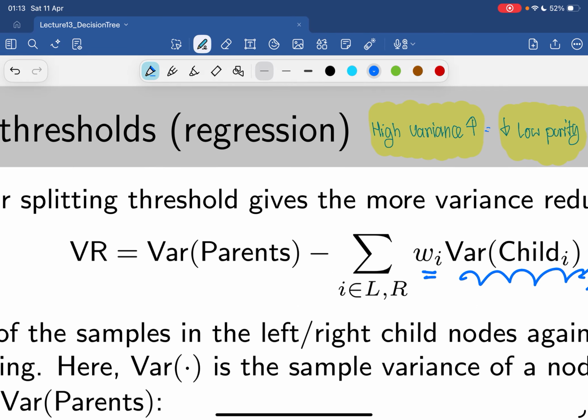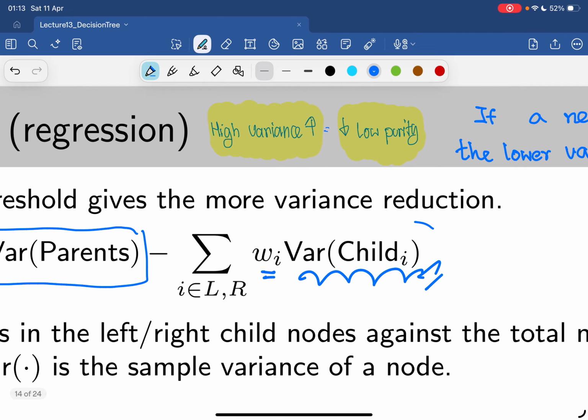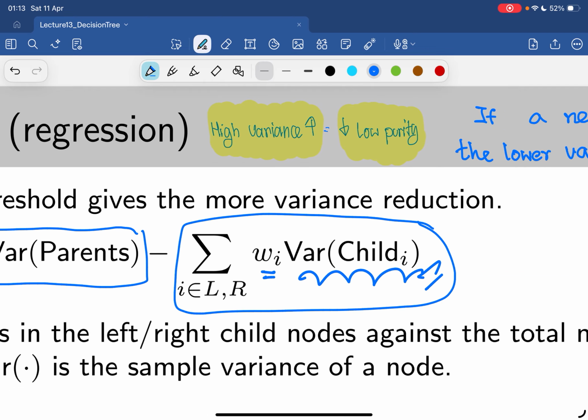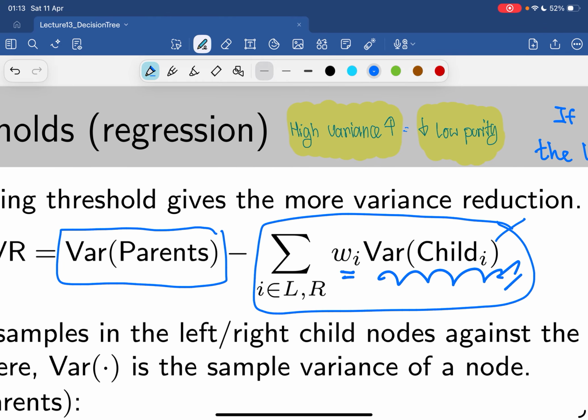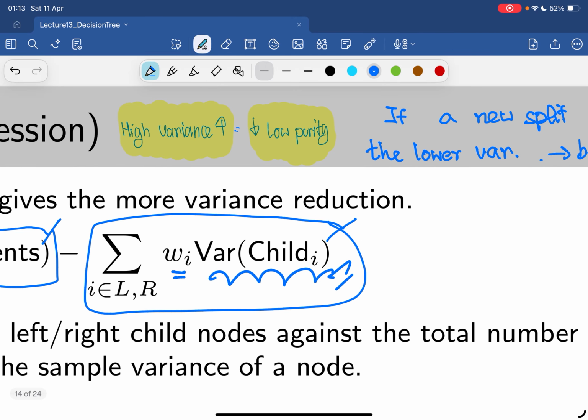If in the parent you did some thresholding before and got a variance value, then you want to make sure that the child is giving a lower variance. And when the child gives a lower variance with respect to the parent, that means you have a high reduction, right? When you have a high reduction, that means that new thresholding value is better.